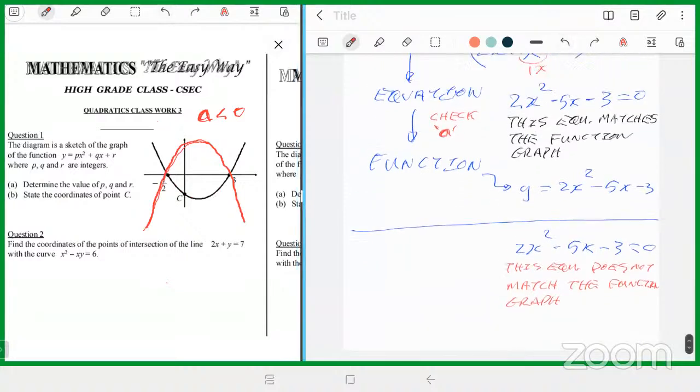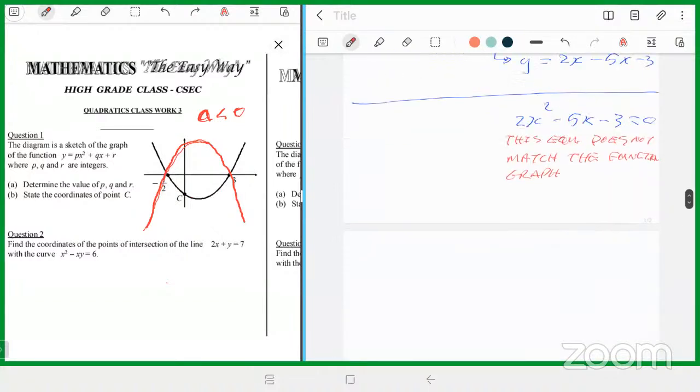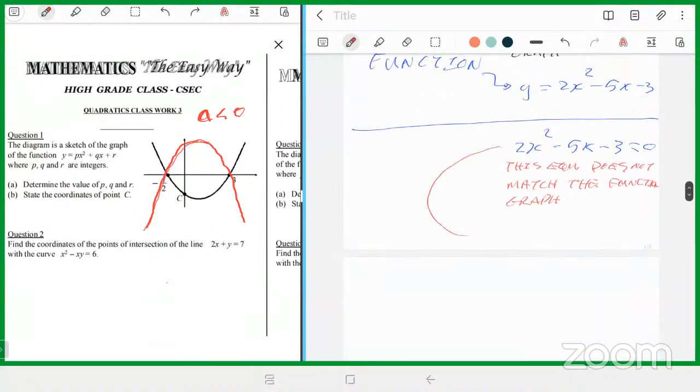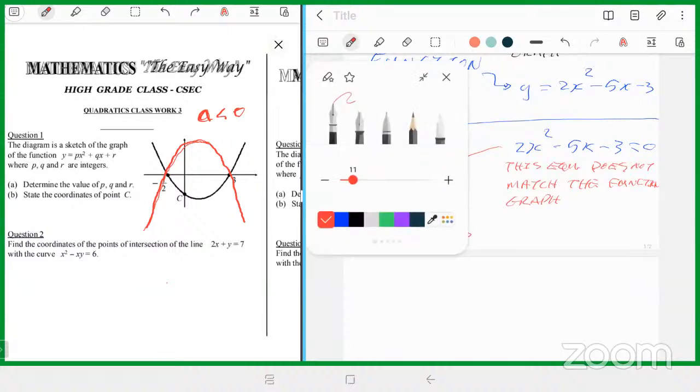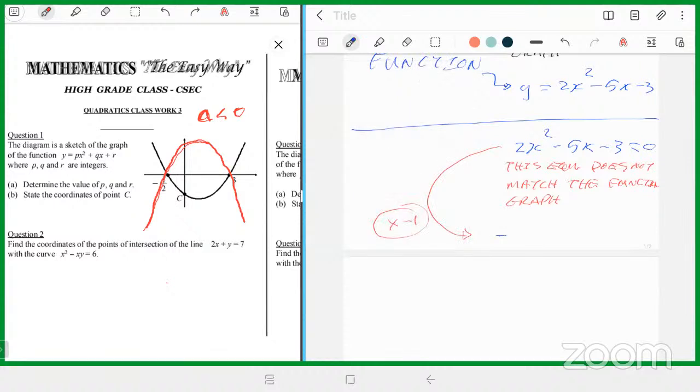To get it to match, we would simply multiply the equation by -1. When you multiply the equation by -1, it becomes -2x squared plus 5x plus 3 equals 0. And this would now match the frown graph that we have, the red one.